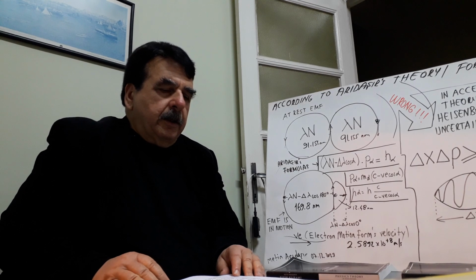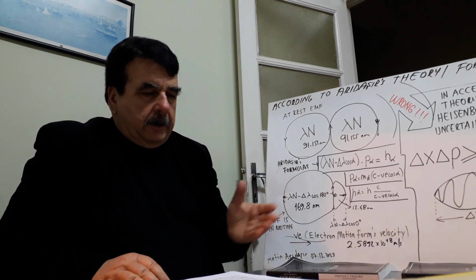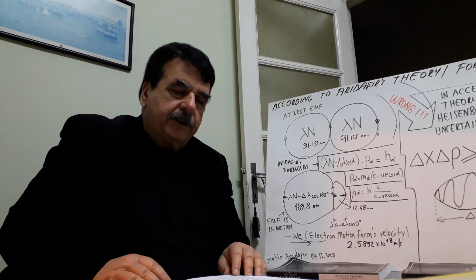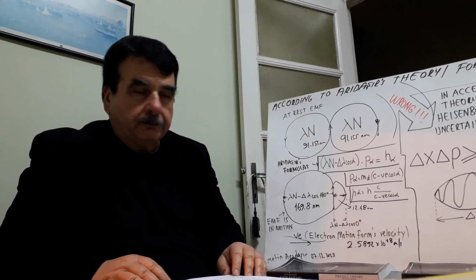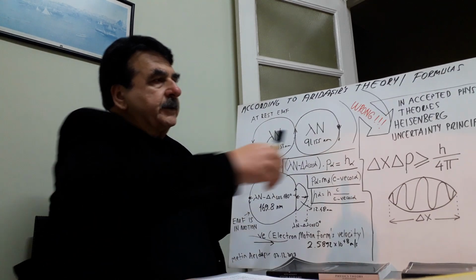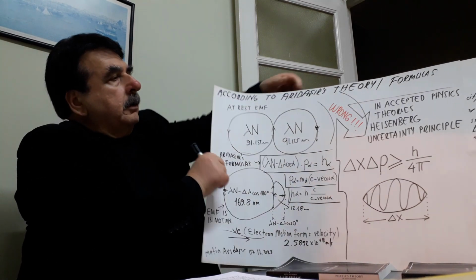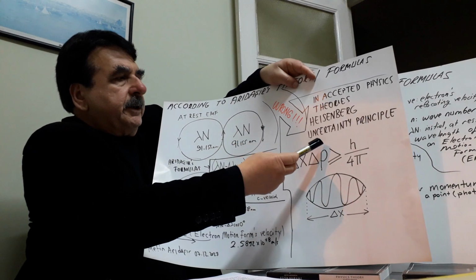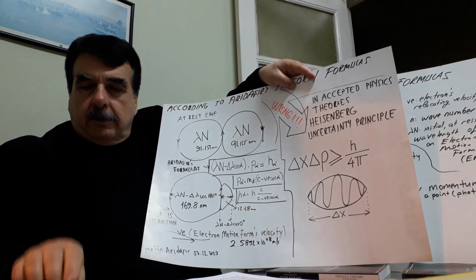3. I told you before, the wavelength of the photon is its position on the electron motion form. Right side, wrong. In accepted physics theories, the Heisenberg uncertainty principle is wrong.